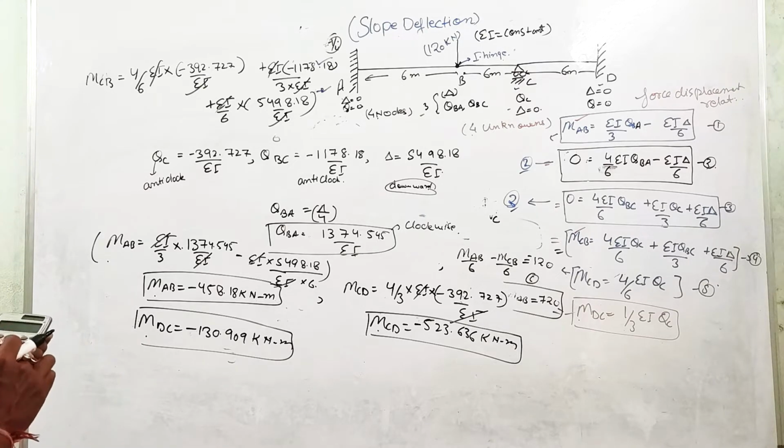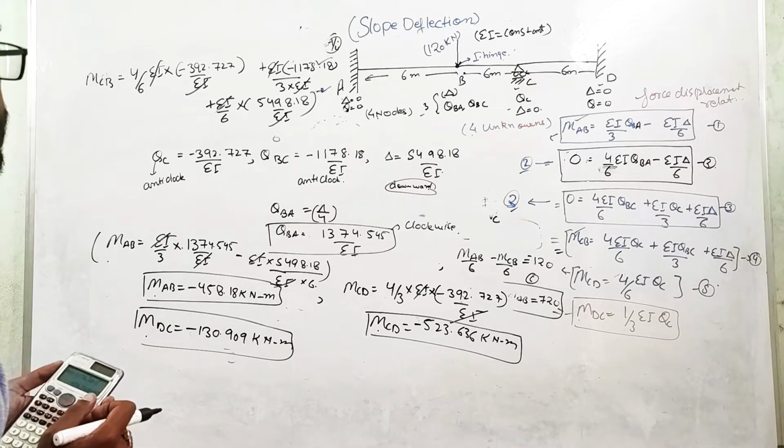So this is minus 392.727 into 4 divided by 6, and minus 1178.18 by 3.